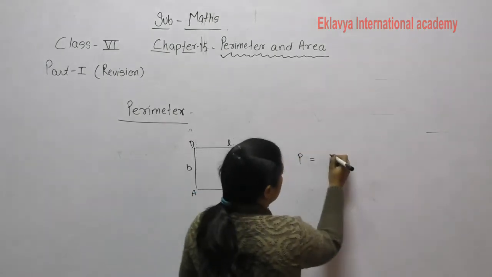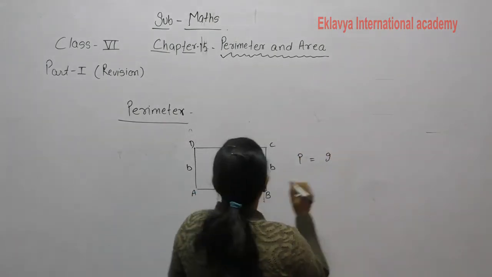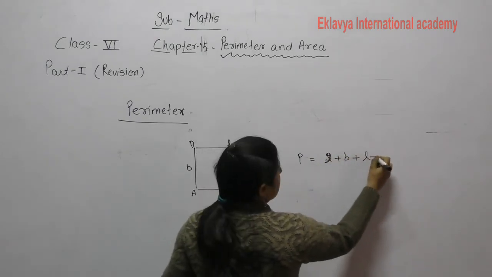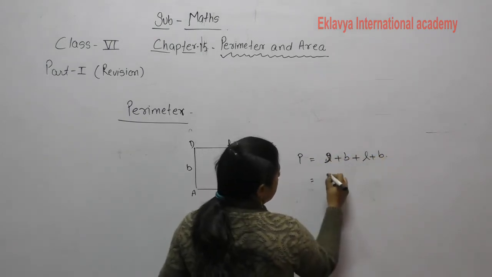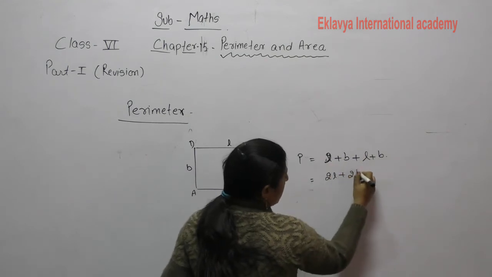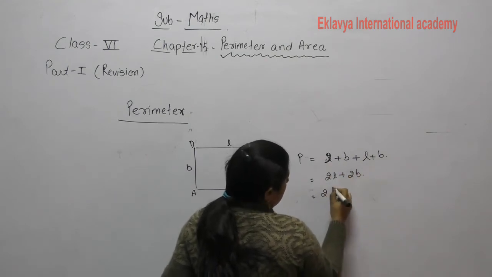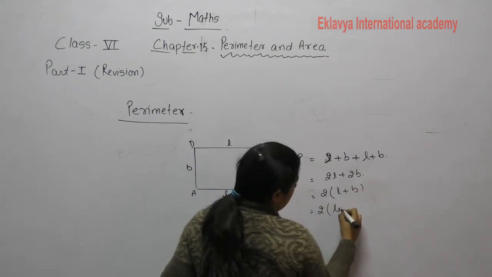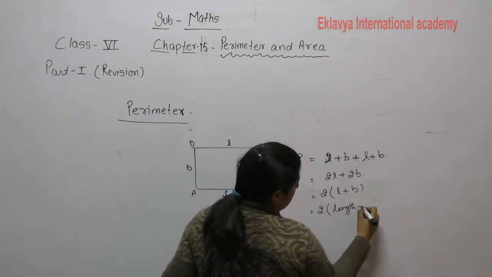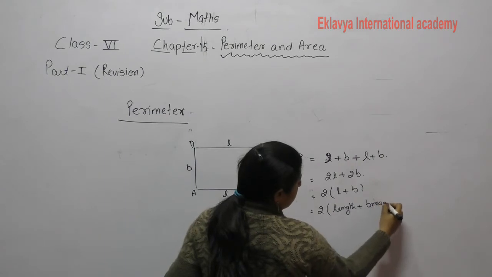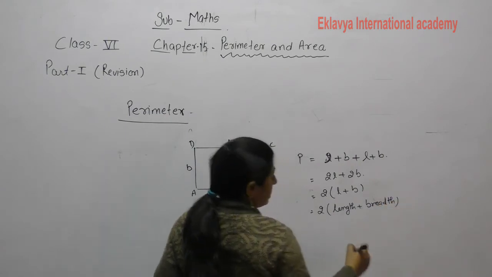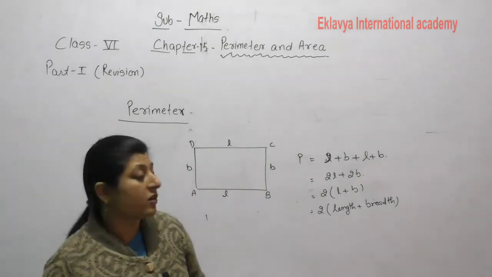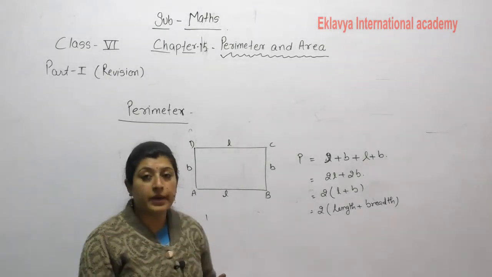P is equal to, if I take like this, L plus B plus L plus B. It means twice of L plus twice of B, 2 multiplied by L plus B. We can say 2 multiplied by length plus breadth. So the perimeter of a rectangle is twice of length plus breadth.